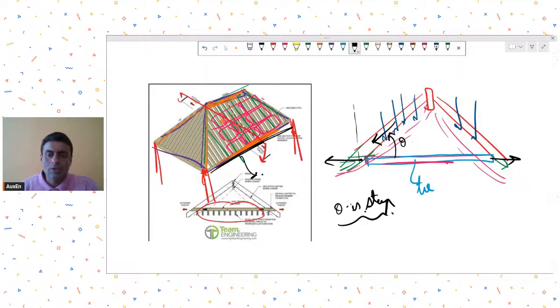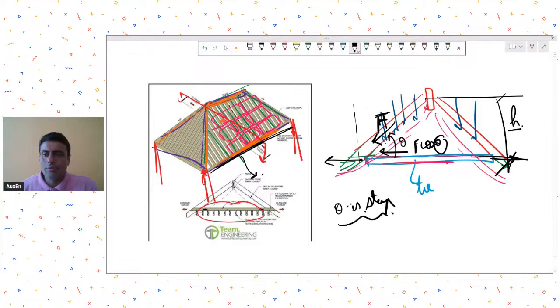The thrust will be whatever this force F was, F times cos theta. As theta approaches 90 degrees, your thrust becomes lesser and lesser numerically. So generally in hipped roofs we try to have a larger riser height, so that this angle theta is larger and the thrust is reduced, I would not say eliminated.